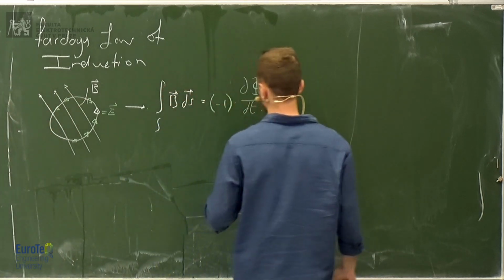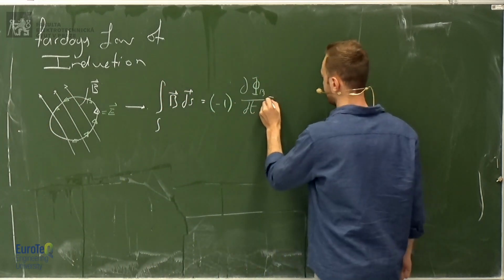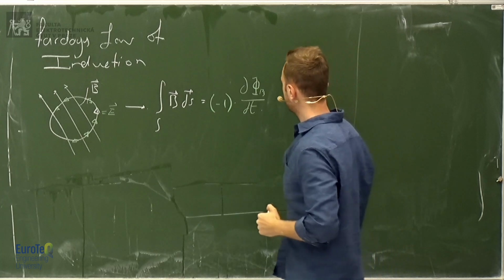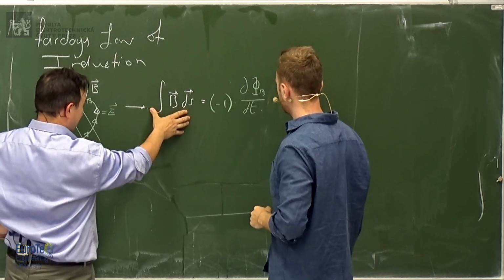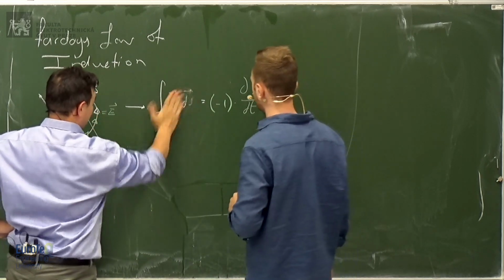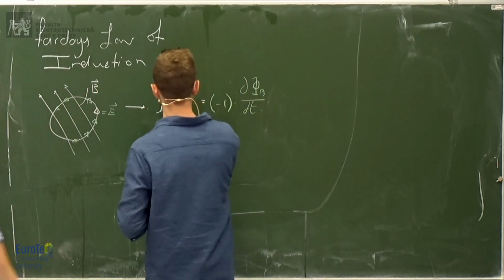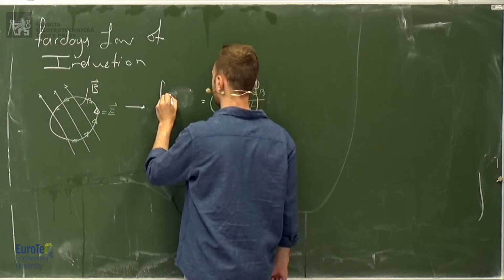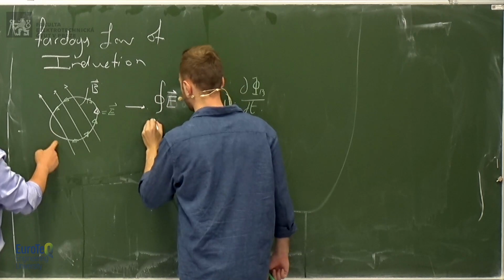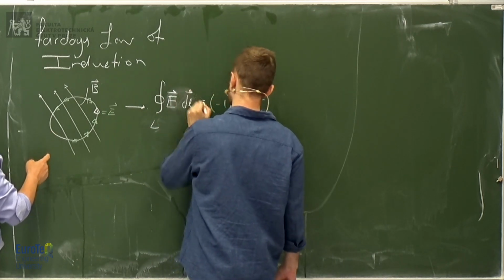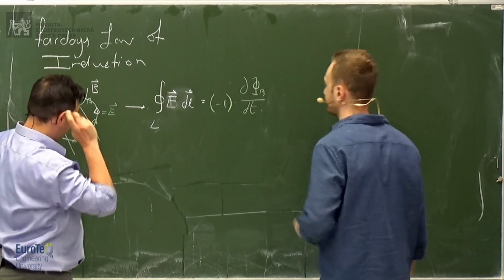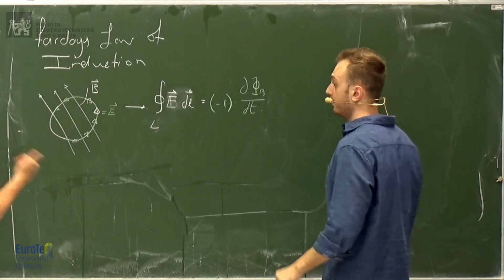Be careful. This is the flux. It cannot be equal to that. The electric field within the line is equal to the derivative of the magnetic flux through the surface area of that line, with respect to time.